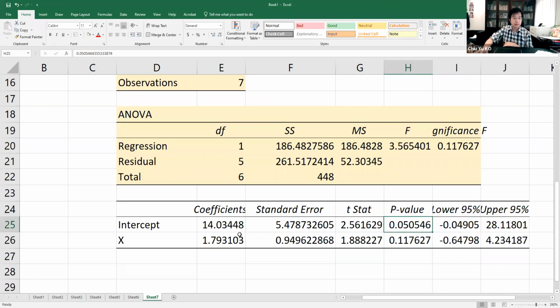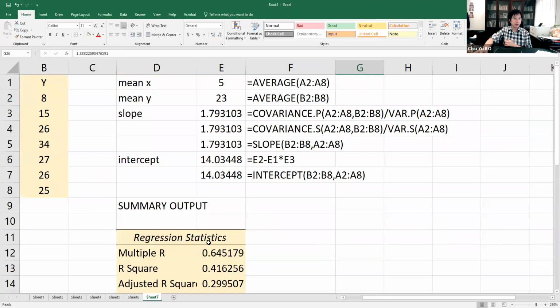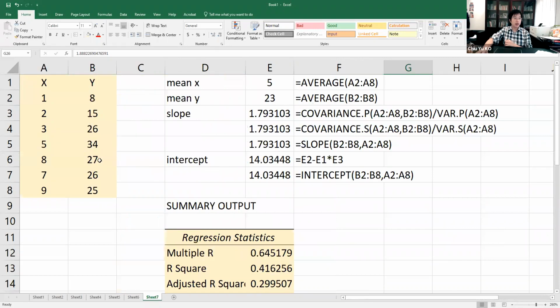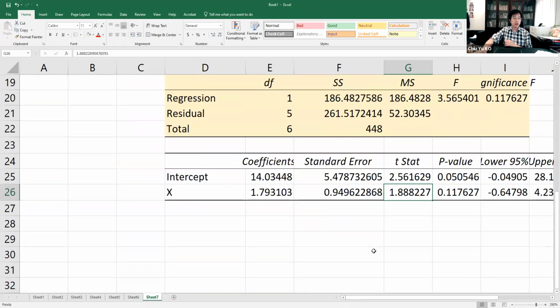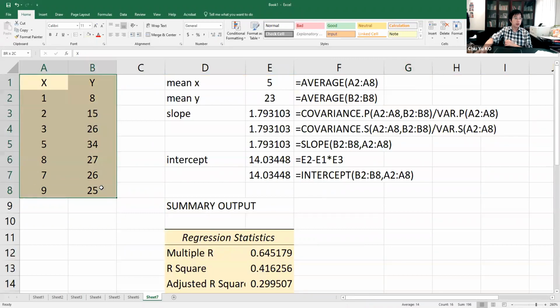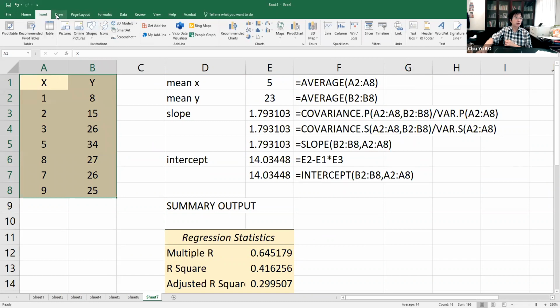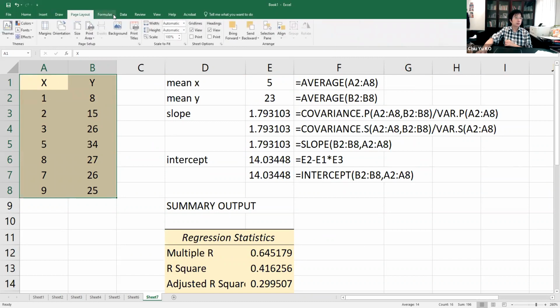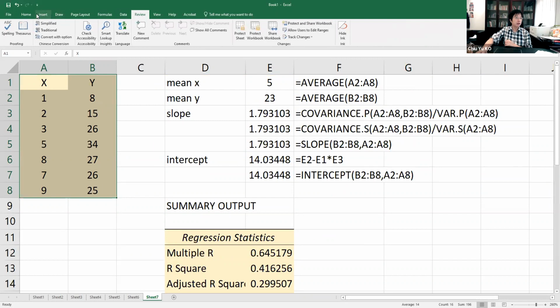So you can see both the intercept and x are not significantly different from 0. So basically you can conclude that x and y do not have a strong linear relationship. Although they seem to be related, you cannot say they are related in terms of a linear one. Of course, the first thing you should do to the data is draw the scatter plot to see how the data looks.